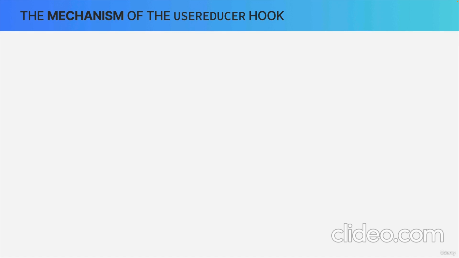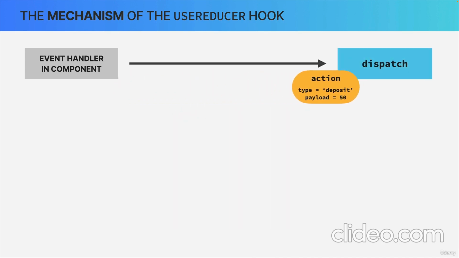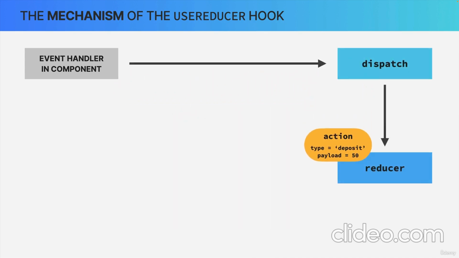So with useReducer, when we want to update state from an event handler in a component, we start by creating an action. This action is simply an object that usually contains a type and a payload, which is information about how the state should be updated. We then dispatch that action to a so-called reducer function.